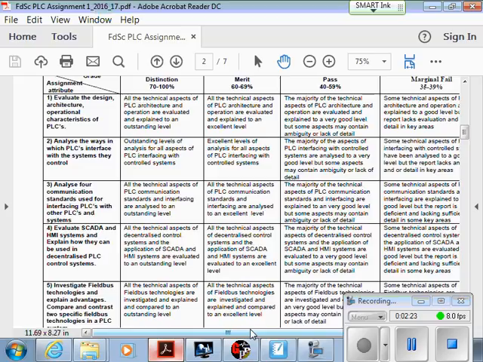So along the left hand side, assignment attributes 1, 2, 3, 4, 5. You're going to evaluate the design and architecture, analyse the way PLCs interface with the outside world, analyse the communication standards, talk about SCADA and HMI, and investigate field bus technologies. Those are the 5 technical things you're going to do in your report.